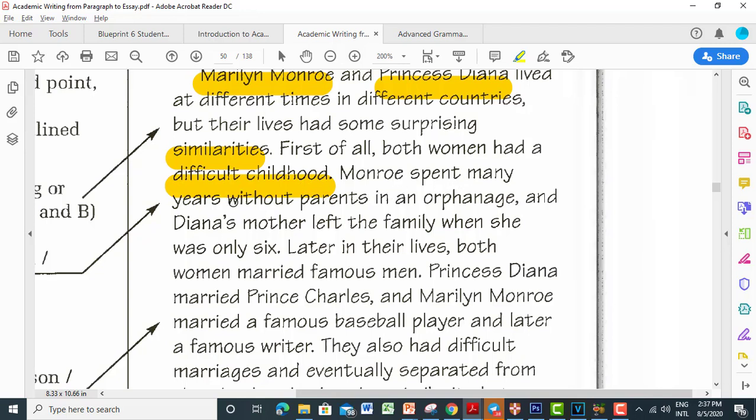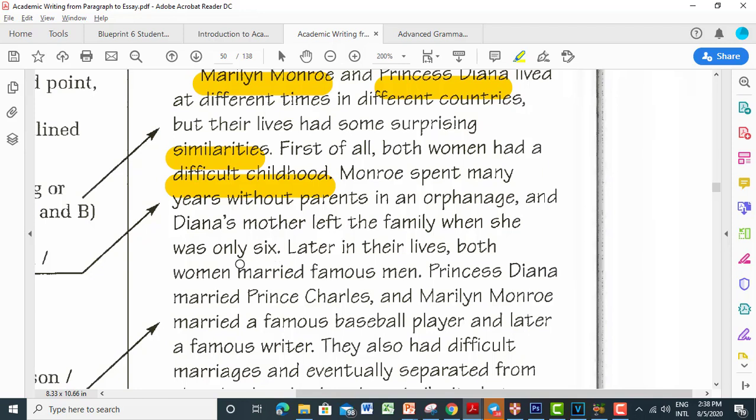Monroe spent many years without parents in an orphanage, and Diana's mother left the family when she was only 6. So one lived in an orphanage, and for the other, the mother left the family.